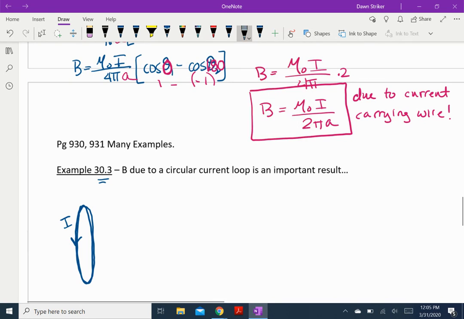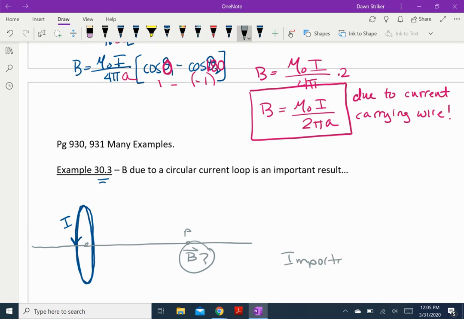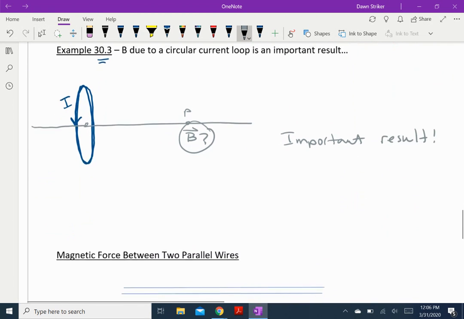And so if we have a loop of current-carrying wire, what is the magnetic field out here at some point P? What is the magnetic field due to that current-carrying loop of wire? Please look at example 30.3. That's an important result that I won't take the time to prove, but it's definitely something that you're going to use.